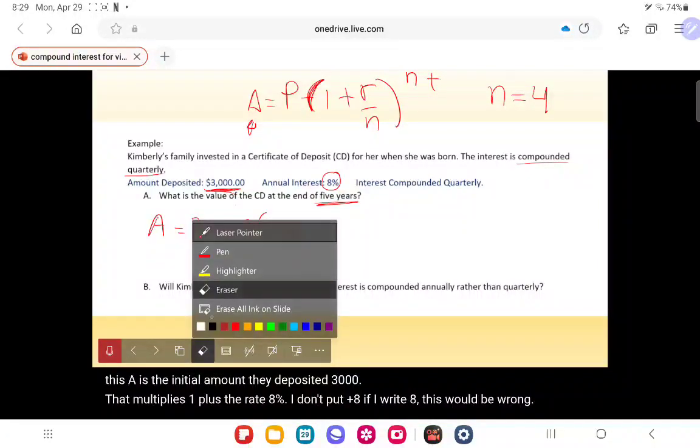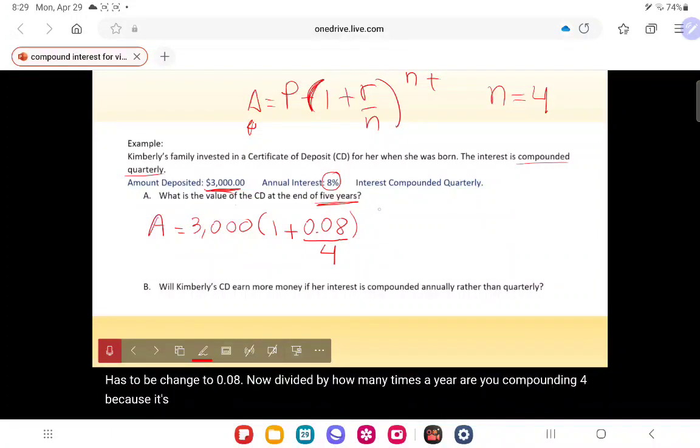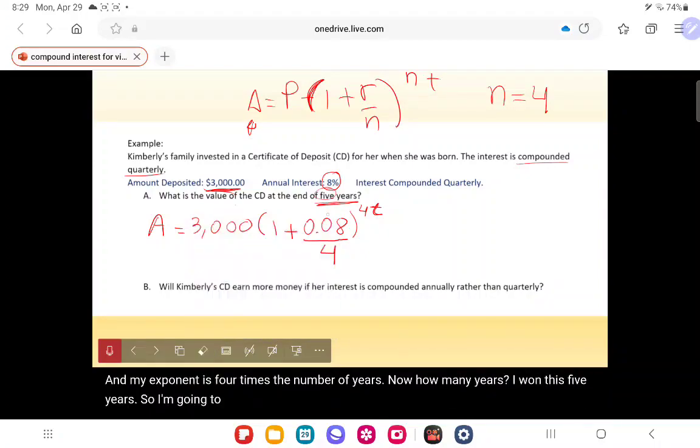It has to be 0.08. Now, divided by how many times a year are you compounding? 4, because it's quarterly. And my exponent is 4 times the number of years. Now, how many years do I want? 5 years. So I'm going to substitute t with 5, making it 4 times 5.